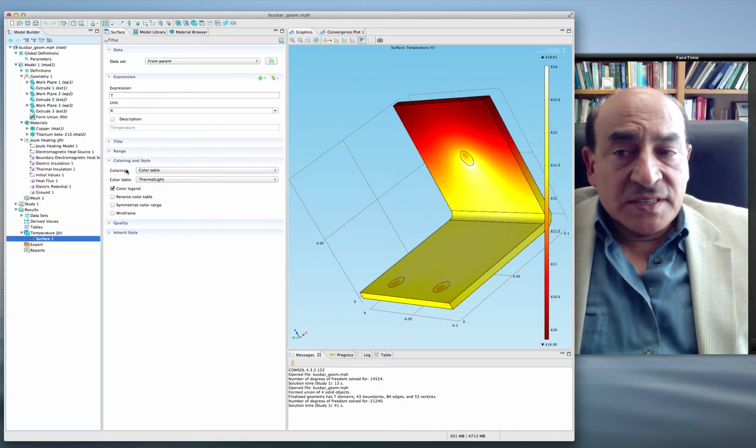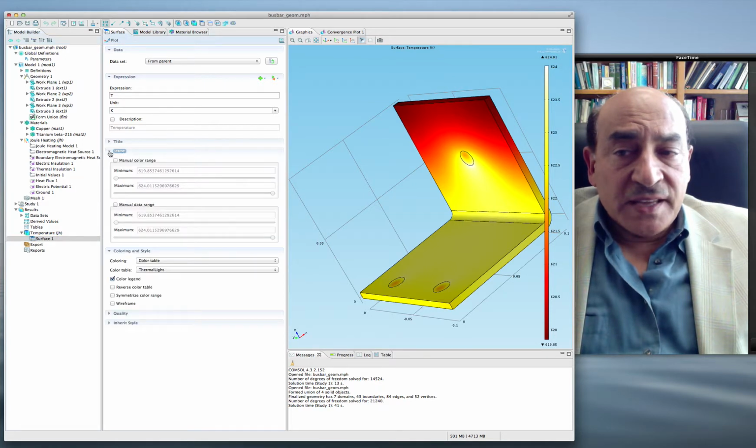If you look at the range, it is already defined automatically. But if I don't like the color because it doesn't really show a very nice distribution, I can go to manual color range, and instead of starting at a minimum of 619 degrees and going to 624, maybe I want to get more distribution.